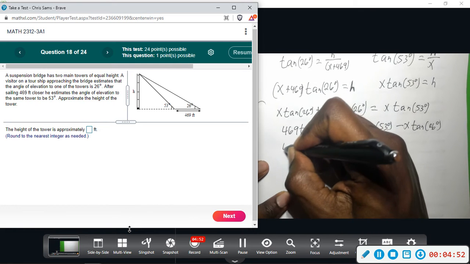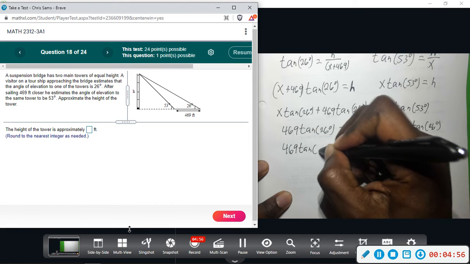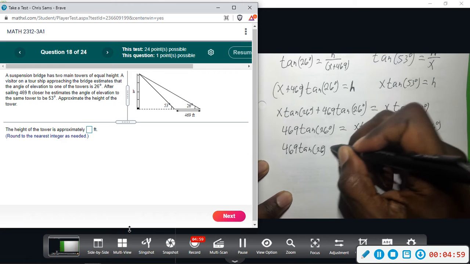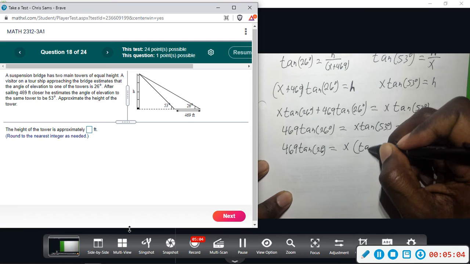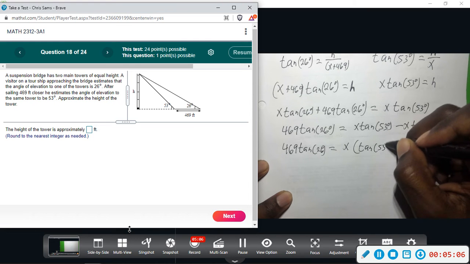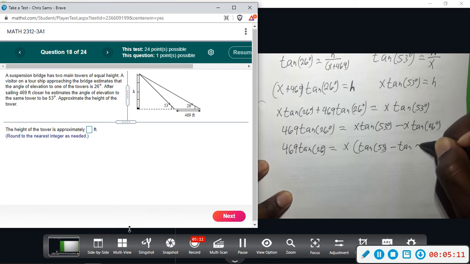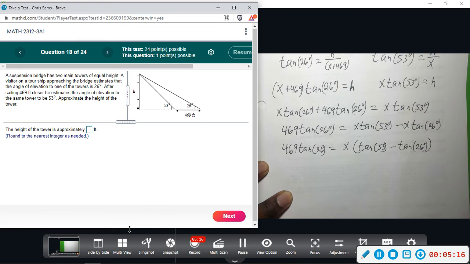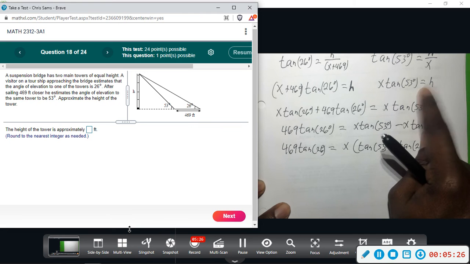So I have 469 tan 26 equals x, going to divide by all of this, and that'll give us x. And once I have x, I can plug it in right here, and I'll get h.